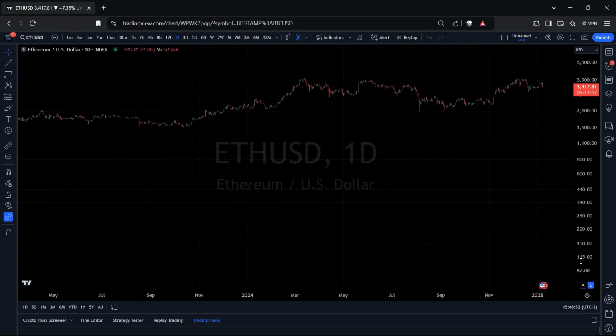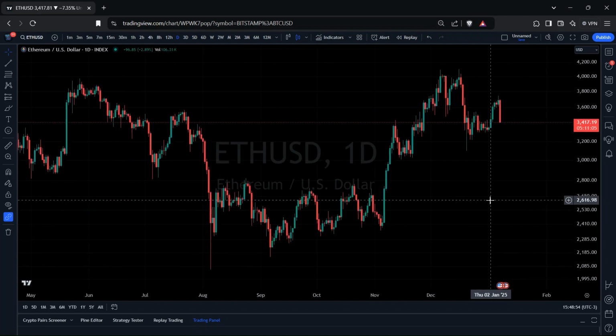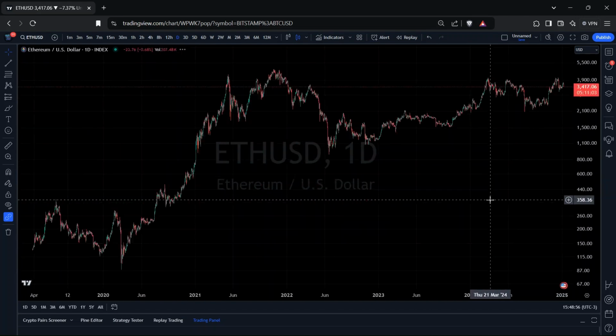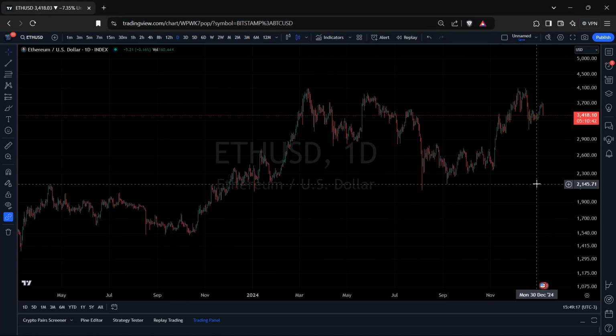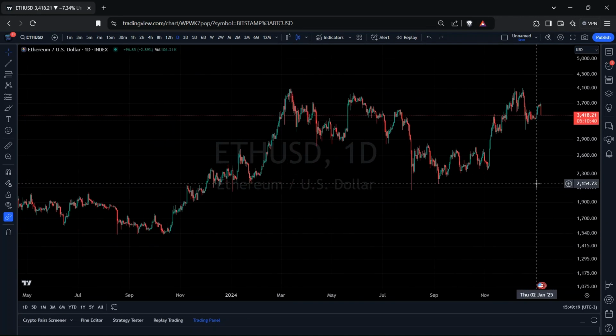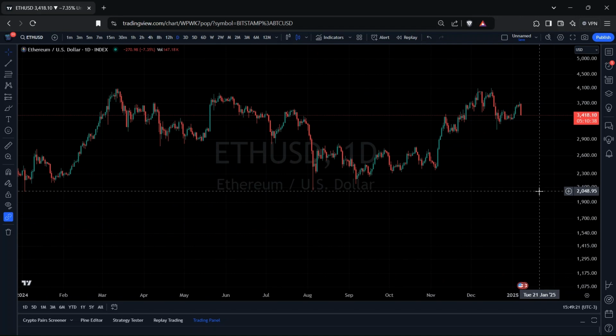So I like to keep it as well so I can roll my mouse and it keeps always showing me the current price. The log chart is a good idea because, for example, a move from $100 to $200 is a 100% jump, right? Which is huge compared to a move from $4,000 to $4,100. A log chart helps keep things in perspective.